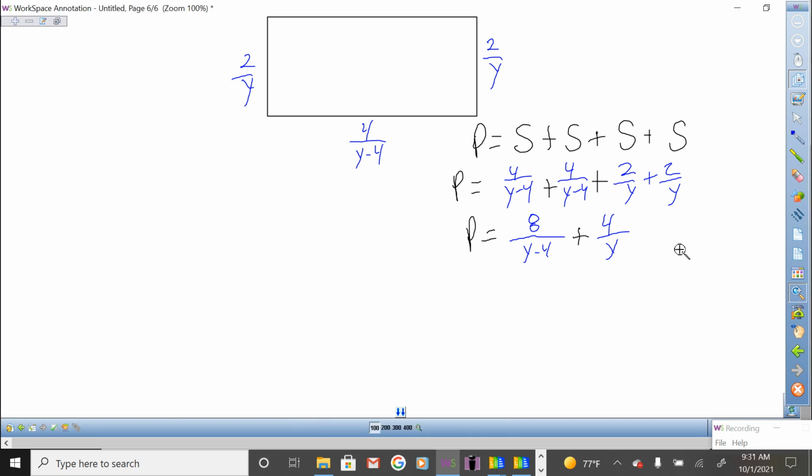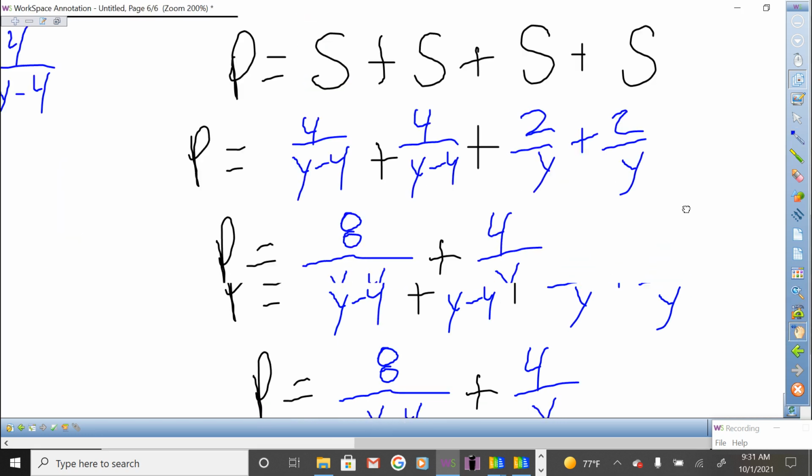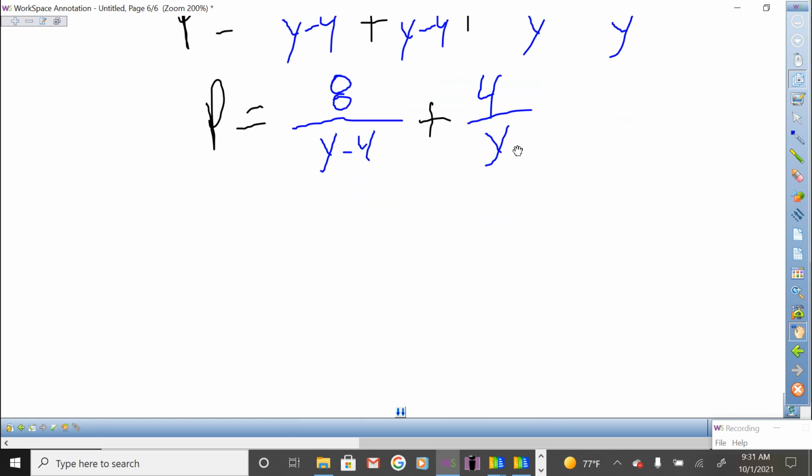Let me zoom in. Can I subtract a 4 here so that it can look like that? No. What did we say for denominators? We cannot add or subtract. We need to do what? Multiply. That means this side, I'm going to multiply times y minus 4 times y minus 4.